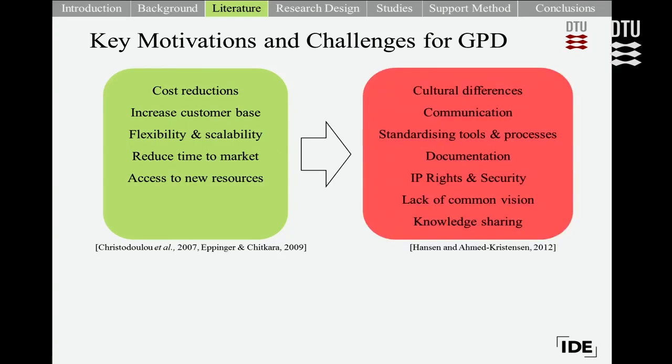However, as a result, we see a number of challenges that have been observed in industry case studies, relating to cultural differences in managing the dispersed teams, poor documentation, or creating a common vision within the team. What we've seen from the case studies in the literature is a learning-by-doing approach to global product development, and many of the solutions to these problems are implemented on an as-needed basis.